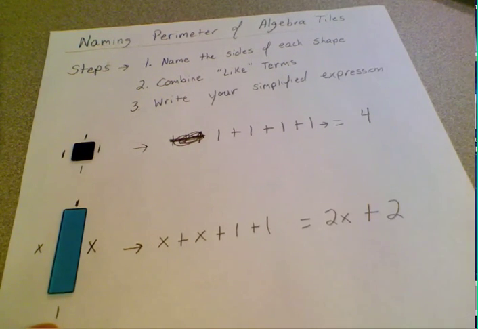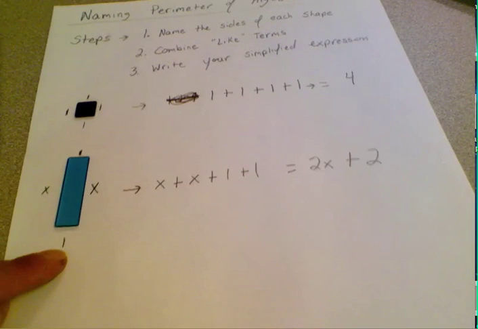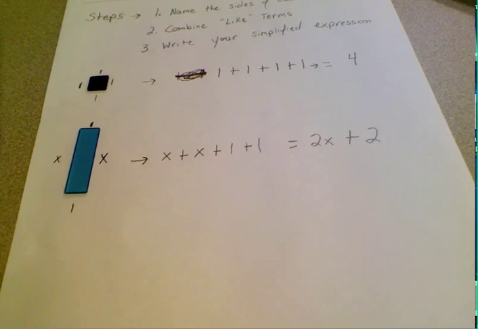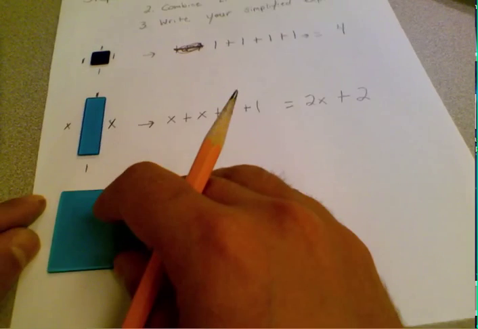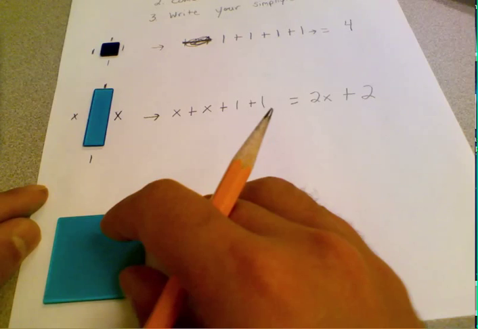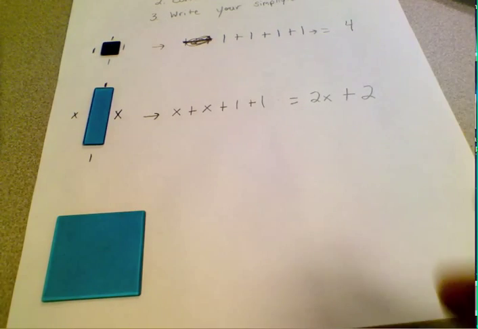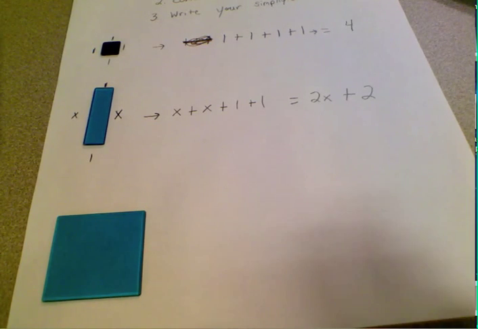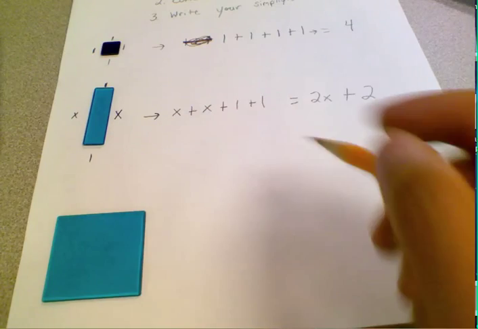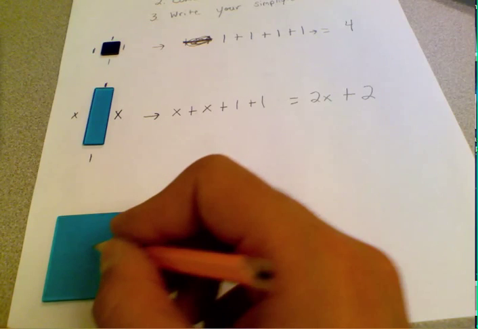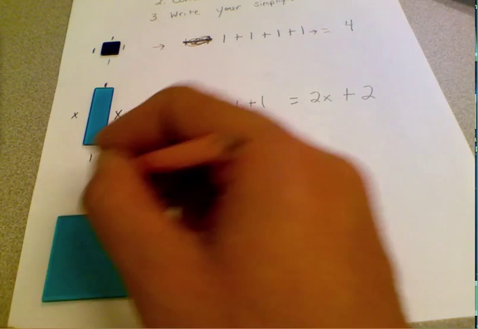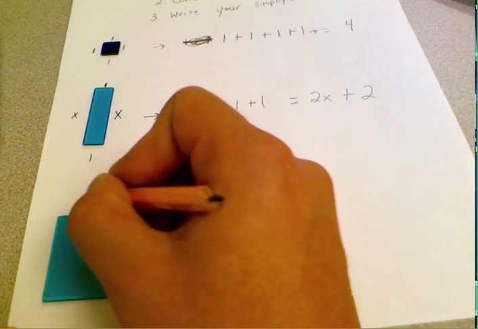And finally, guys, the last piece is my x squared piece. If you haven't, I'd like to have you have these pieces out as you're doing this. Hopefully you've done that with the 1 and the x piece. Now I have my x squared piece. Remember, we named the x squared piece by its area in a previous lesson, but today we're naming the perimeter.